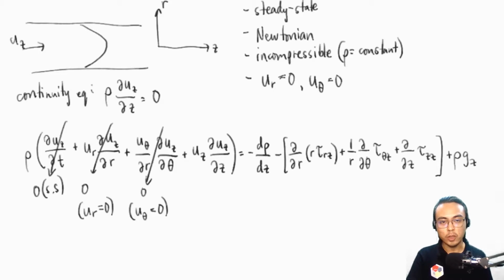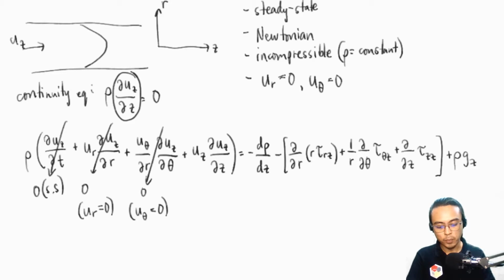For the last term on the left-hand side of the equation, the z component of velocity multiplied by the derivative of the z component of velocity with respect to z is also equal to 0, but not because u sub z is equal to 0, but because of the continuity equation. If you take a look at the continuity equation, it contains the term, the derivative of the z component of velocity with respect to z is equal to 0.